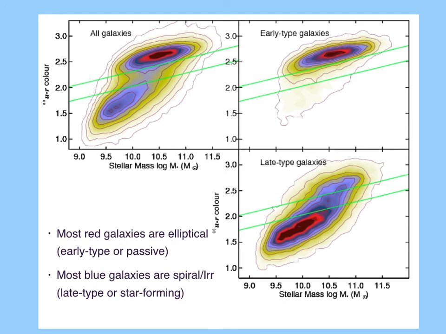But when you actually separate out this sample into early type, which means elliptical galaxies, and late type, which means the spiral or irregular galaxies, the ellipticals actually lie along a sequence with very red colors, whereas blue galaxies are predominantly blue and low mass. Although you can also see from this figure that there are a few non-negligible exceptions of blue ellipticals as well as red spiral galaxies.